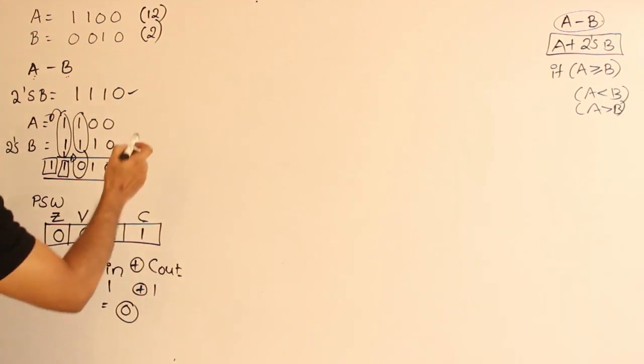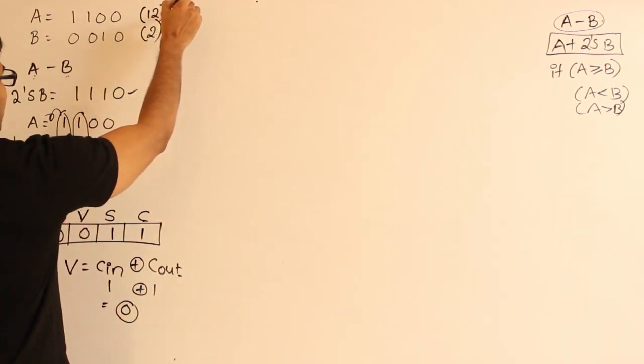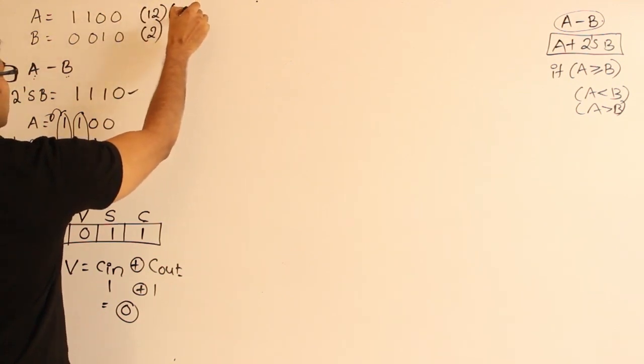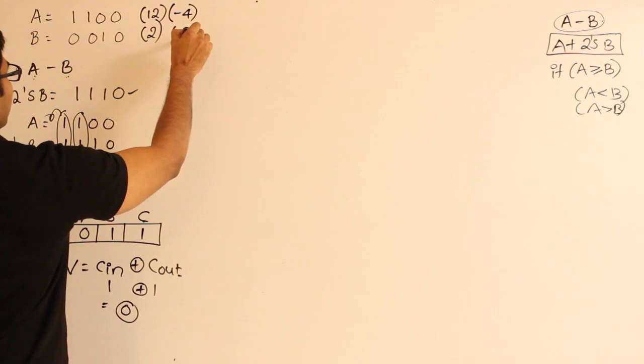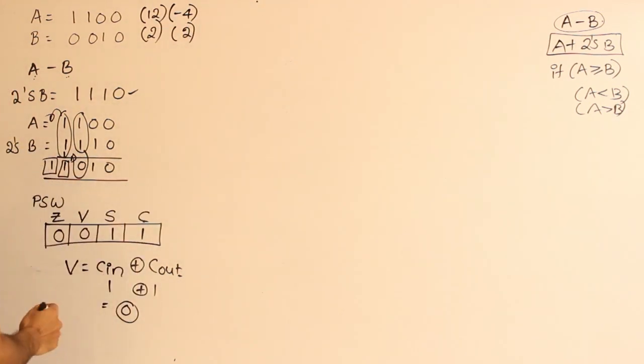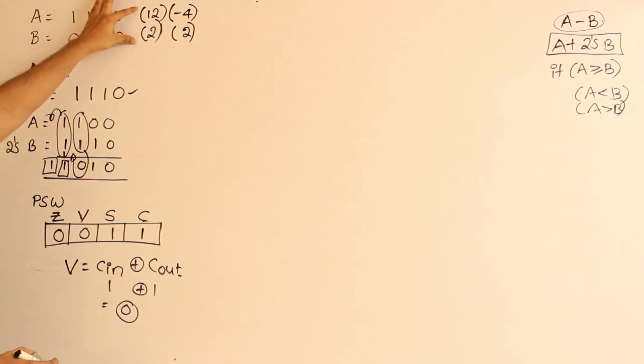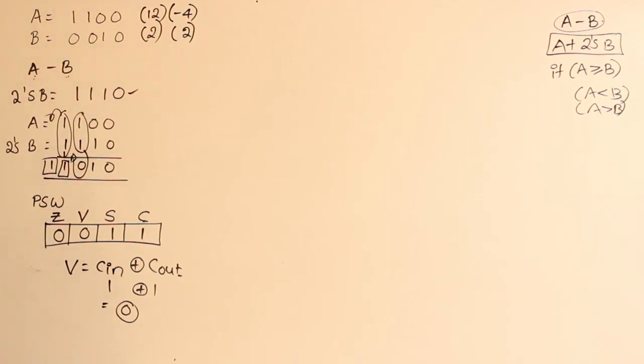If you consider these two numbers as signed numbers, then this one is going to be minus 4 and this one is going to be 2. In this case, the result that should come out is a is less than b, right? In case of signed numbers, a is less than b. In case of unsigned numbers, a is greater than b. That is what you should come to as a conclusion depending on how you interpret the number.